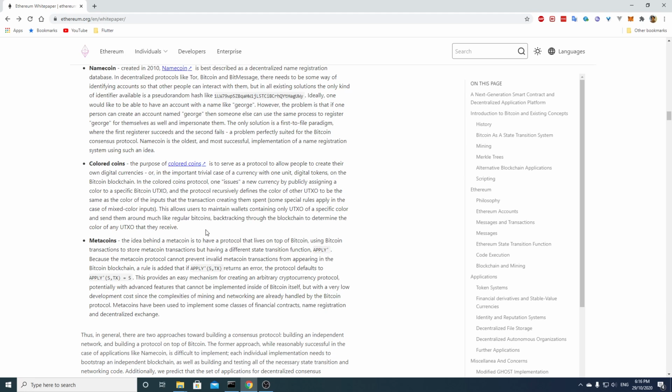Okay, so the idea here is that with the UTXO chain, when you create a transaction, you use some UTXO and you create new UTXOs. Normally these UTXOs are just coins, they just have a balance and a certain number of satoshis in there.